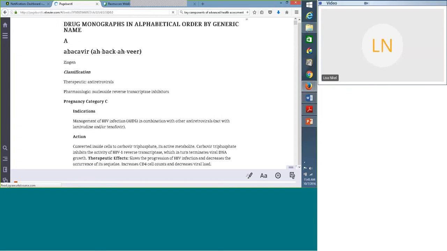There's something that's not running right in this window at this time, so it's not allowing me to scroll, and I don't want to waste time.